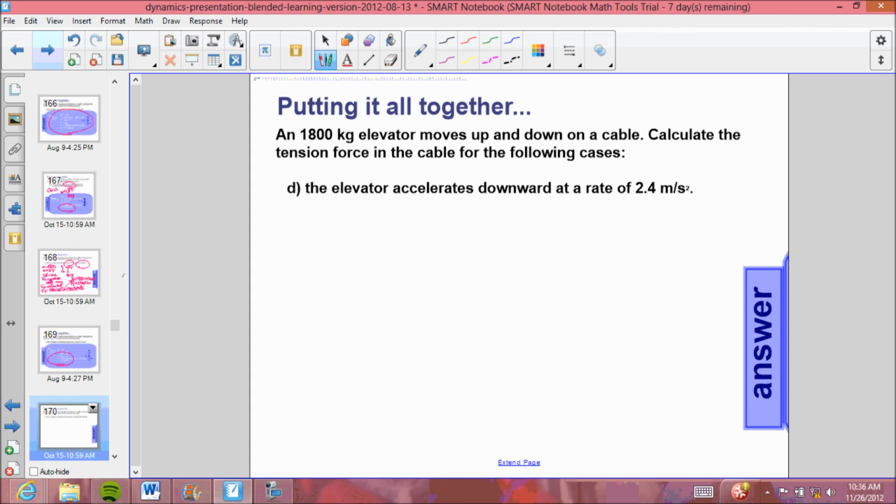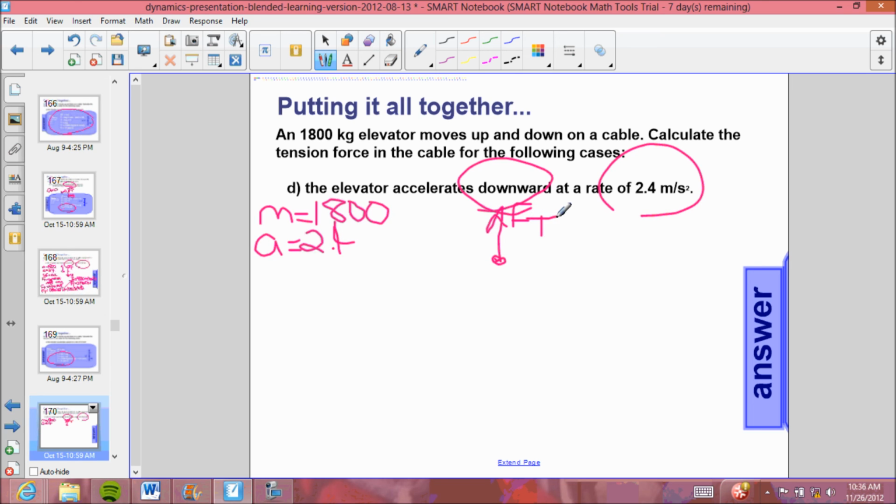So now part B, they're talking about the same thing, same elevator, now it's going down at the same rate. So we still have our mass is 1,800. Our acceleration is 2.4. But now when we draw our free body diagram, we see that we still have tension up for the wire, and we still have mg down because it's always down. But in this case, a is going down.